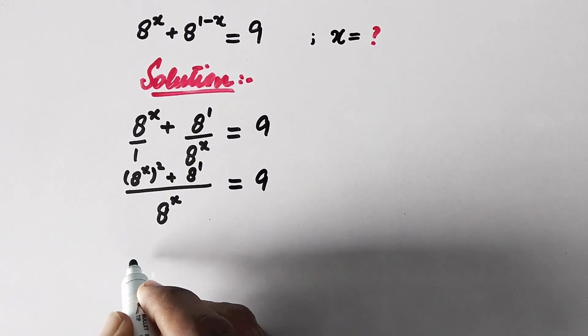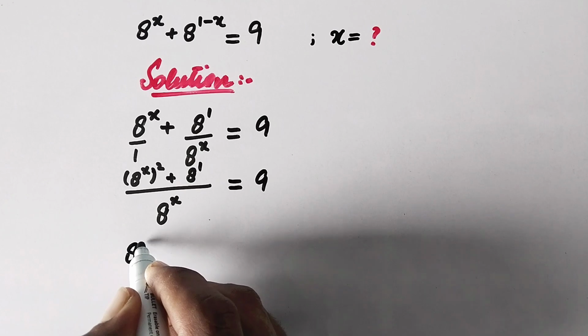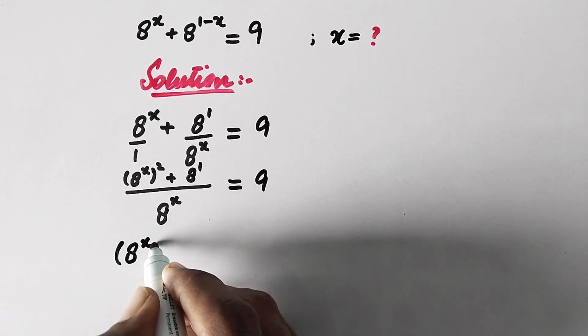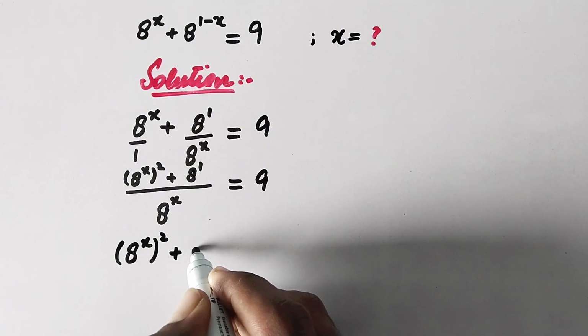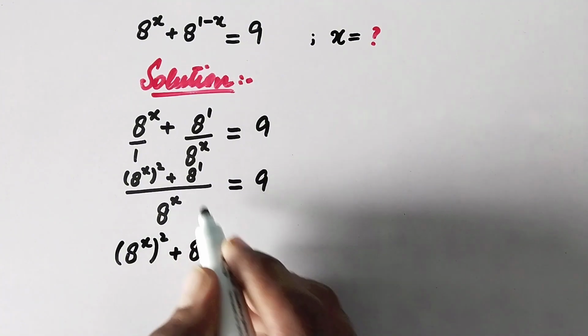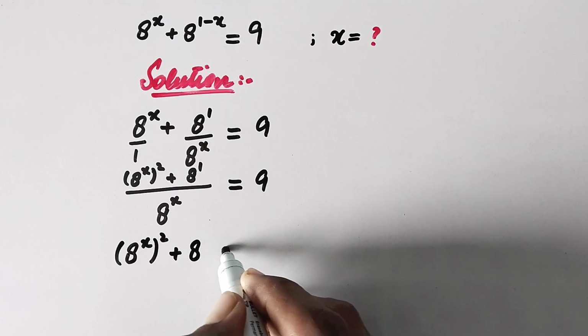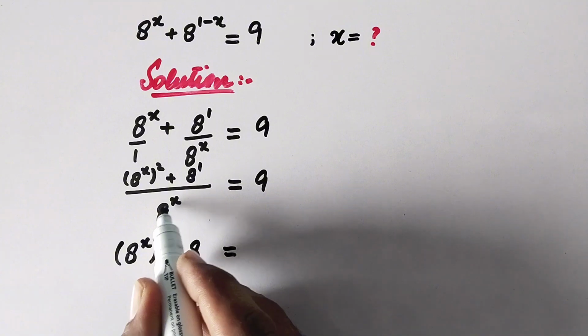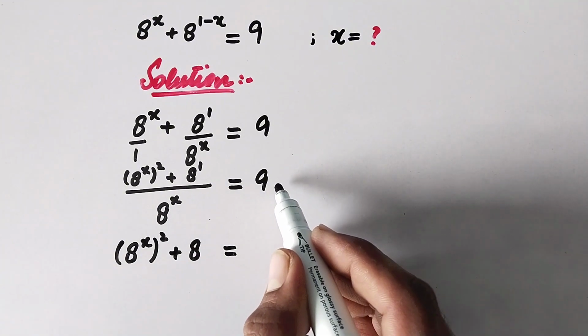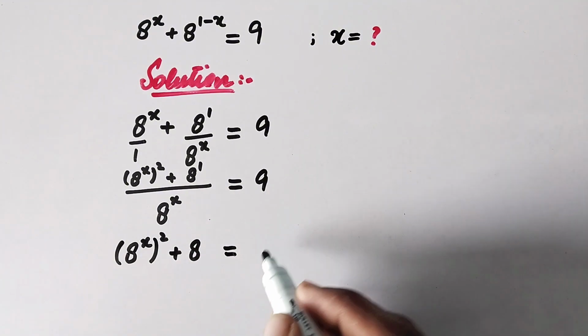Now in next step we will write 8 to power x squared plus 8 to power 1, which is the same as 8, equal to 9 times 8 to power x, because this value is dividing on the left hand side, so it will multiply on the right hand side.